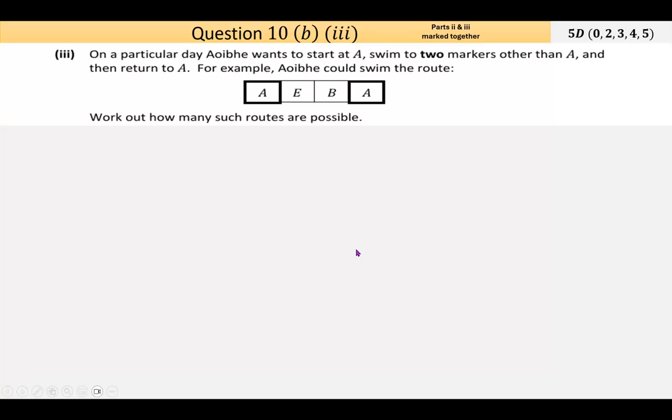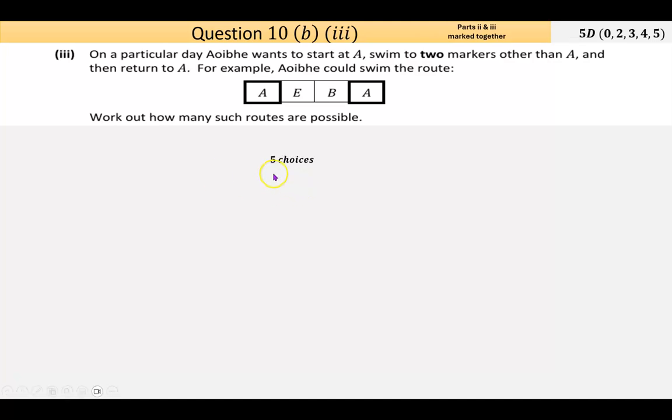Now, part 3, which is marked with part 2. On a particular day, Ava wants to start at A, swim to 2 markers other than A, and then return to A. For example, Ava could swim the route A to E to B back to A. Work out how many such routes are possible. You can maybe do it by hand, just trial and error and working it through.